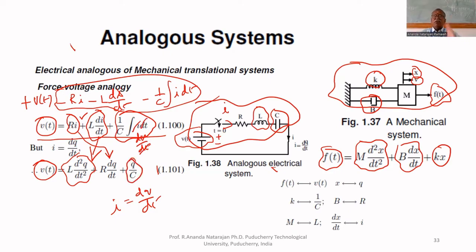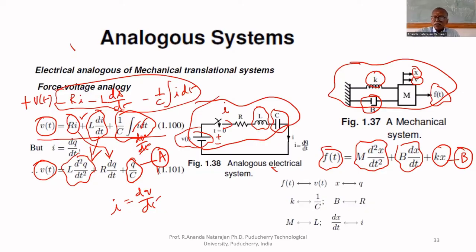We are writing in terms of q, in terms of charge, that's all. If you see this equation, say A, and this one B. B is the differential equation governing the mechanical system. A is the differential equation governing the electrical system.